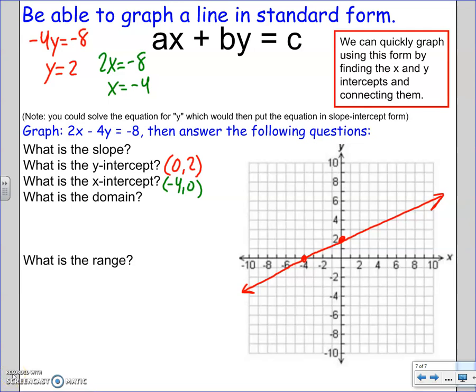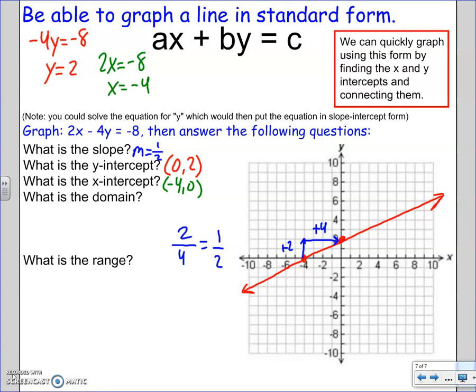From this left point to the right point, I have to go up 2 spaces, so positive 2. I have to go right 4 spaces. So that would be rise 2 over run 4. That does reduce to 1/2. So that's my slope, m equals 1/2. If you do the slope formula, you'll still get 1/2.